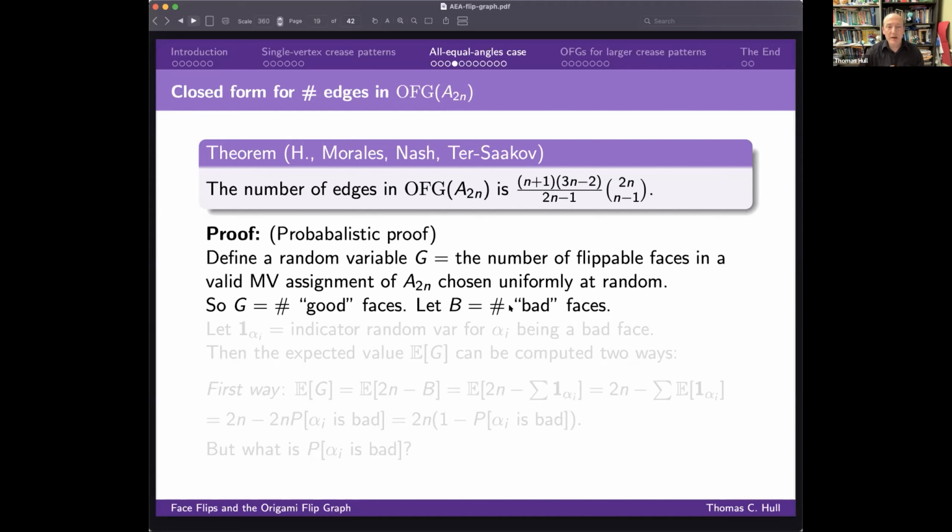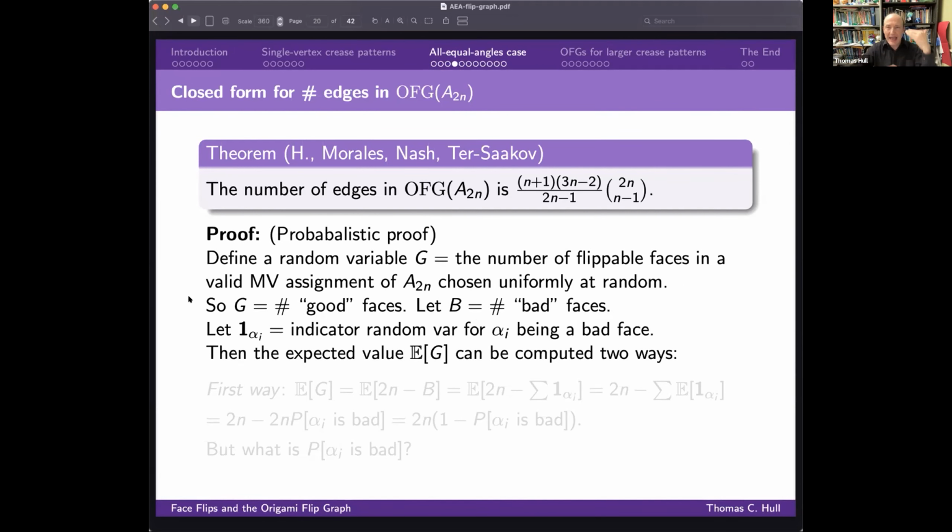We're going to let B be the number of bad faces, faces we can't flip, the unflippable faces. Then we're going to do a trick here. What we want to do is analyze this probability, and that will lead us somewhere good. So I create an indicator random variable called 1 sub alpha I, that is the random variable for alpha I being a bad face.